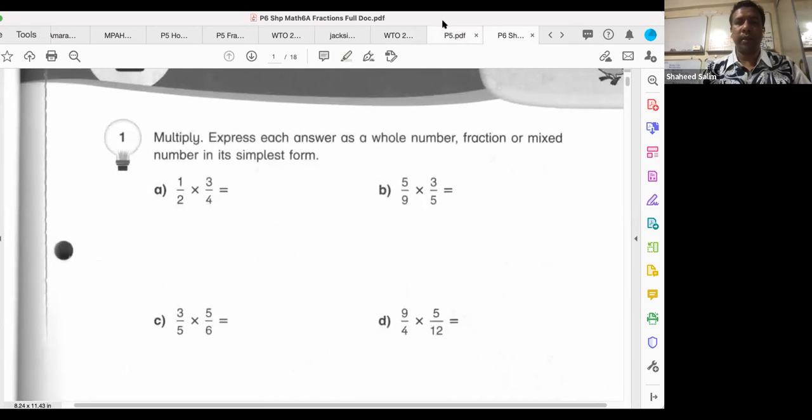You try question number A and question number D. A and D, please. A and D. Well done, ready? And D.